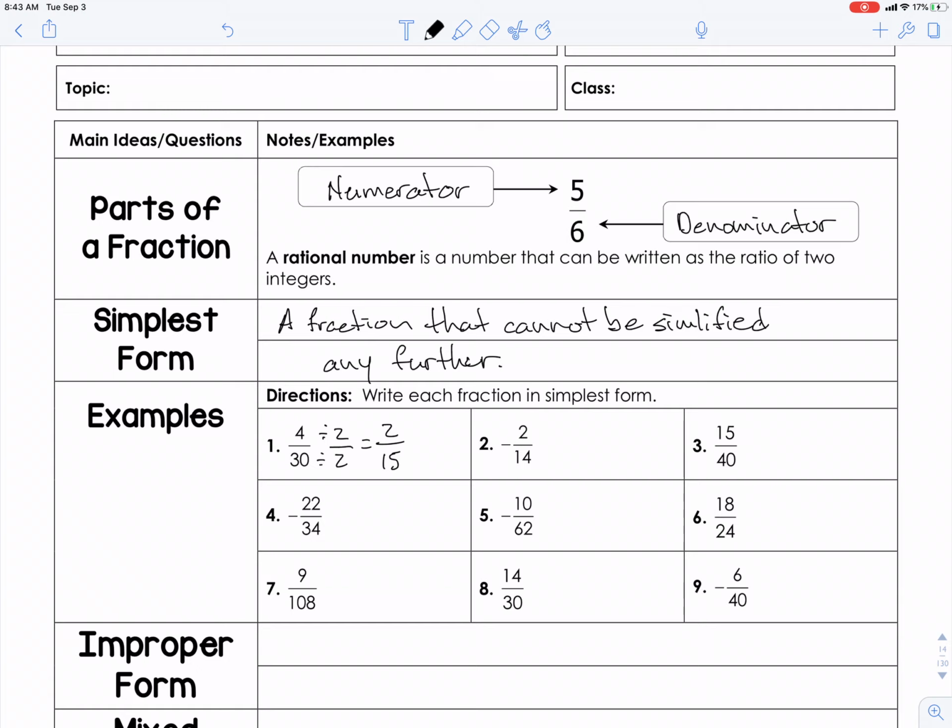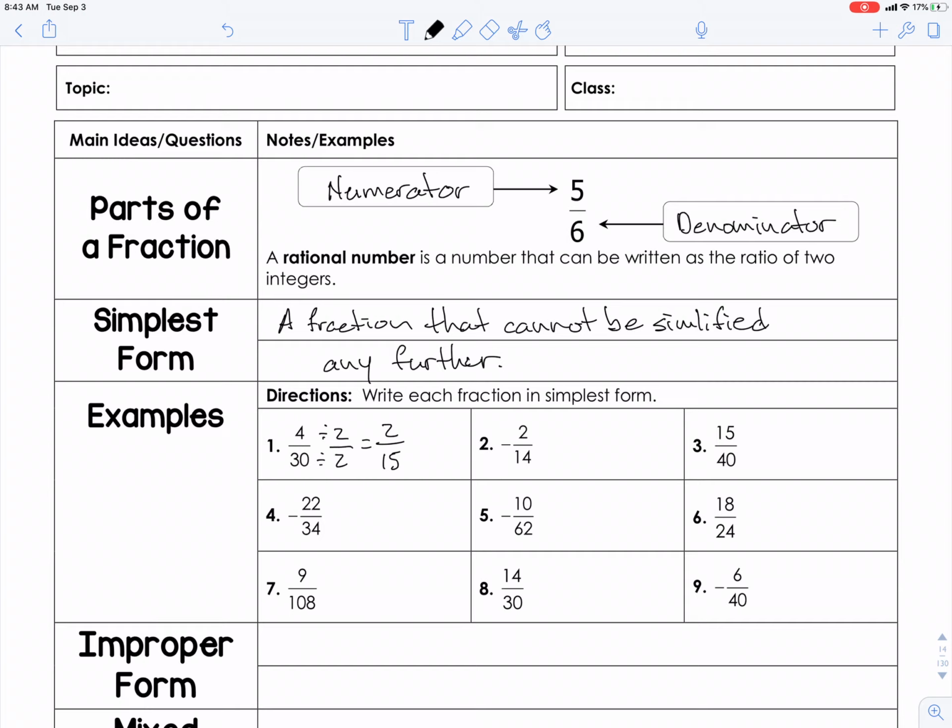Then I look at that again, and I can't reduce that any further, because the only numbers that multiply to get 2 are 1 and 2, and 2 does not go into 15. So that's as low as I can go.